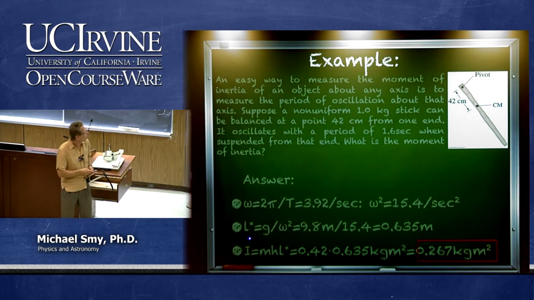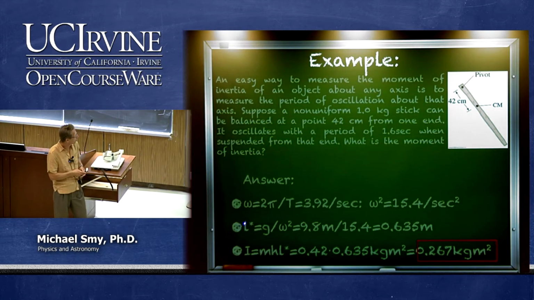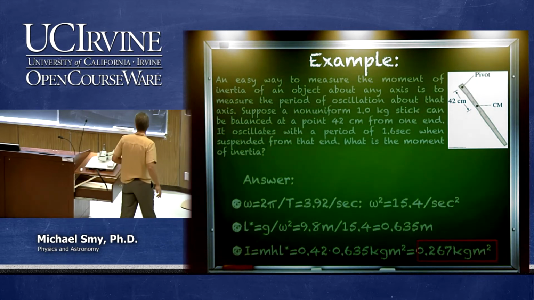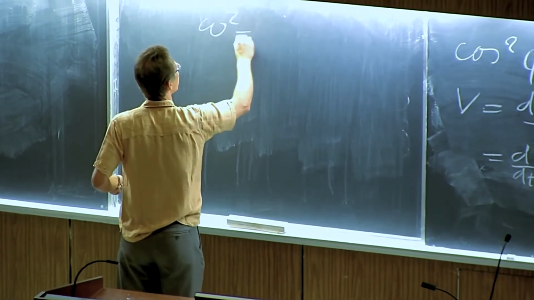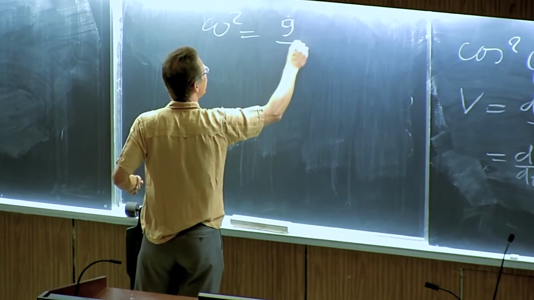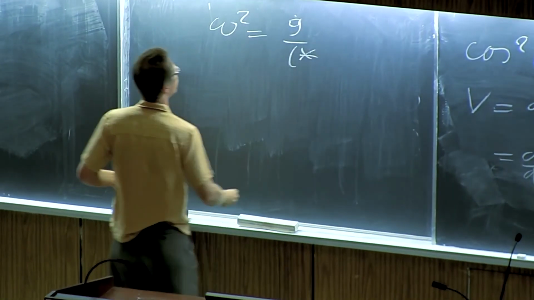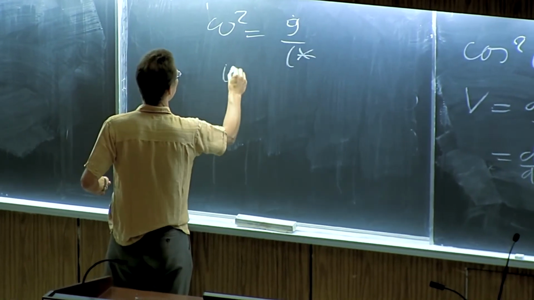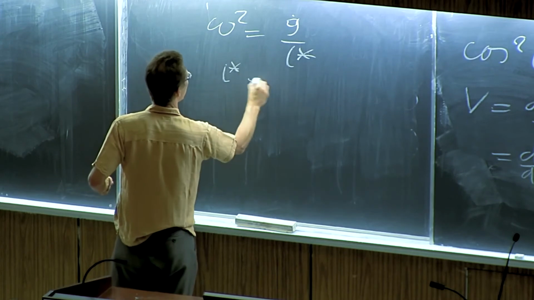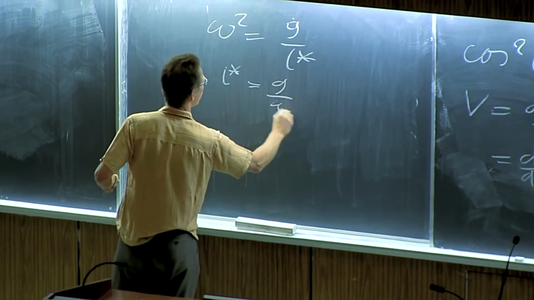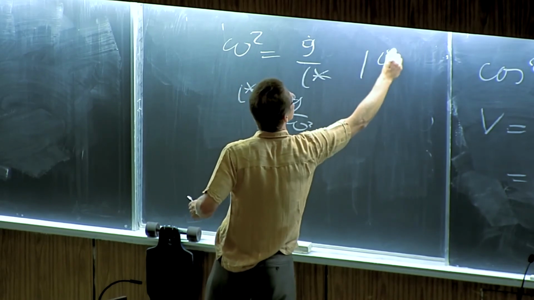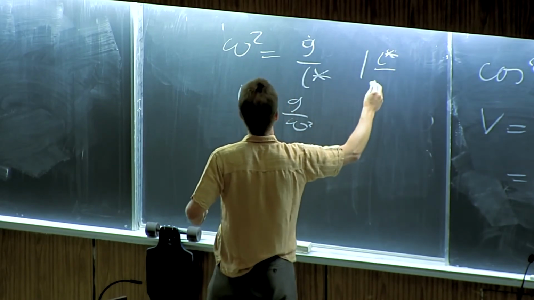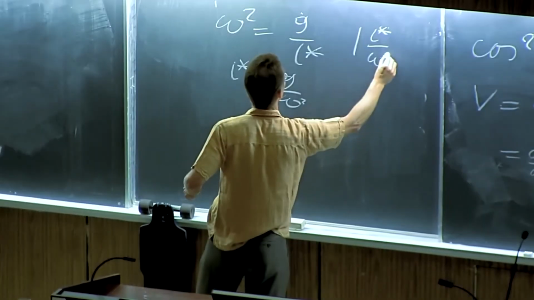We can then use the formula with the reduced length and turn it around. We have omega square equals g over L star. That means that L star is g over omega square, where we simply divide both sides of the equation by this factor.